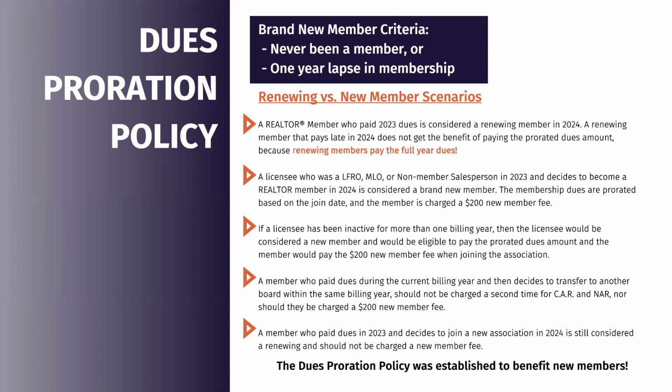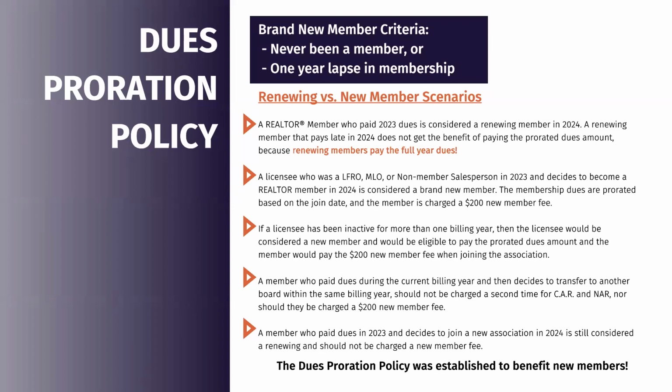A renewing member that pays late in 2024 does not get the benefit of paying the prorated dues amount, because renewing members pay the full year dues no matter when they decide to renew in 2024. So think about that for a second.